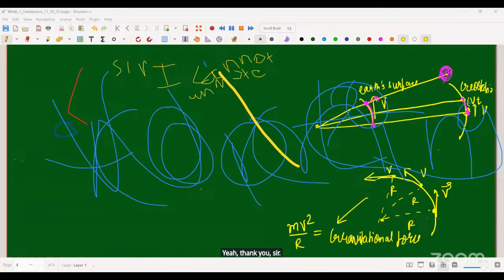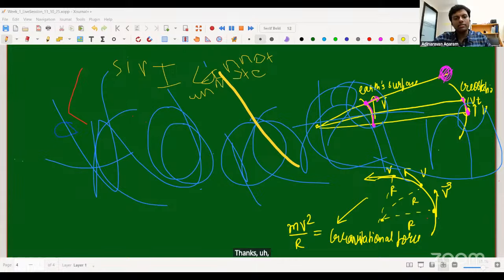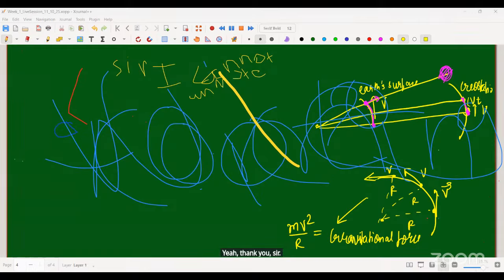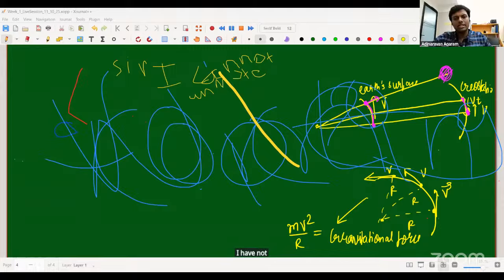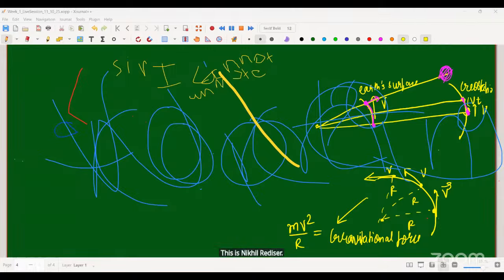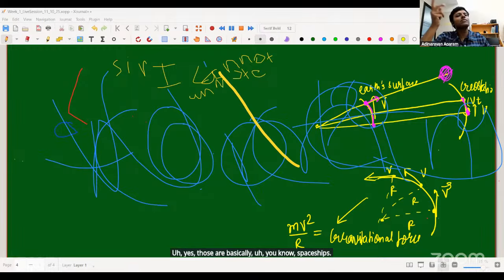Next, Nikhil Reddy. Sir, can an aeroplane be non-air breathing and move at higher altitudes like the mesosphere or thermosphere? Yes. Those are basically your spaceship, which looks like an aeroplane that can go that high.